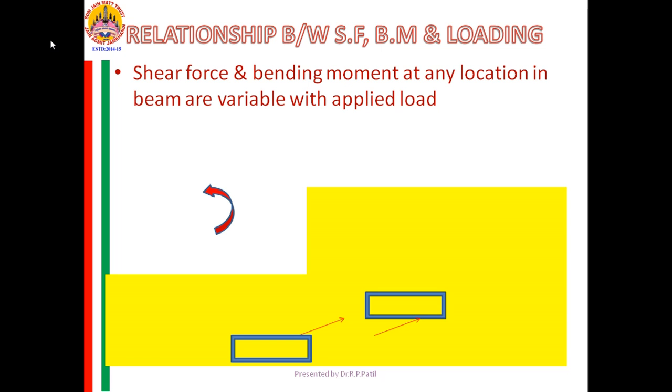This relationship is repeatedly asked as a theory question in your annual exam. It is very simple. Just see here. Shear force and bending moment at any location in the beam are variable with respect to the load.